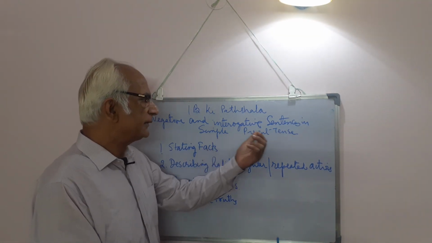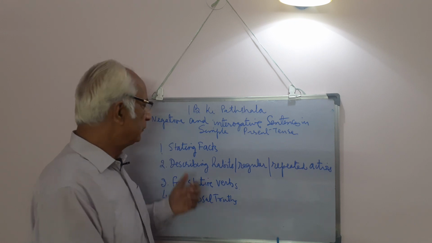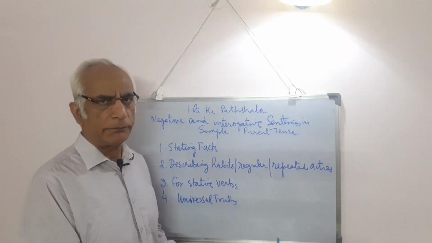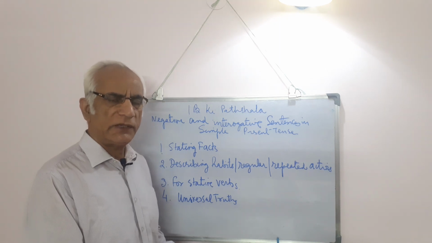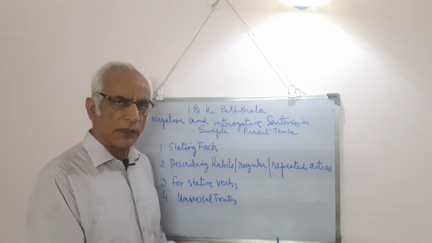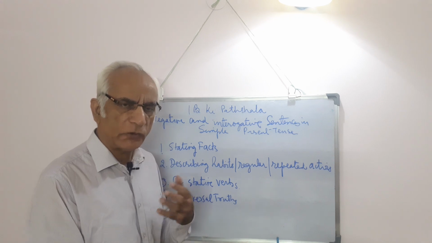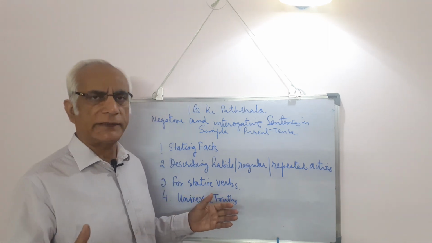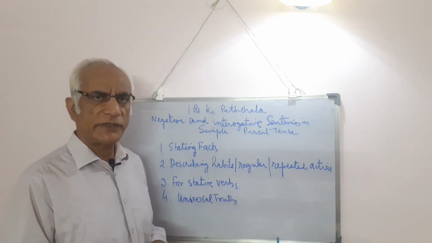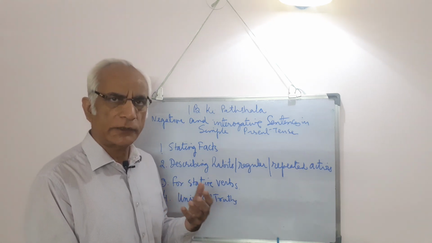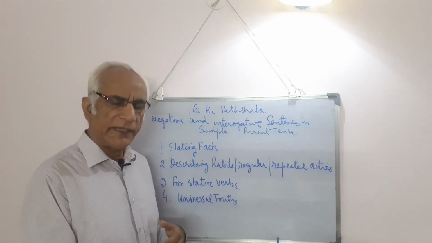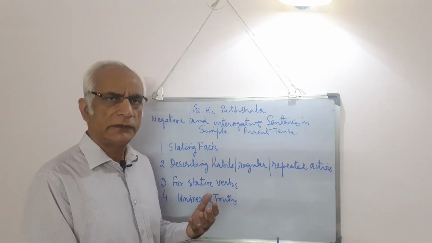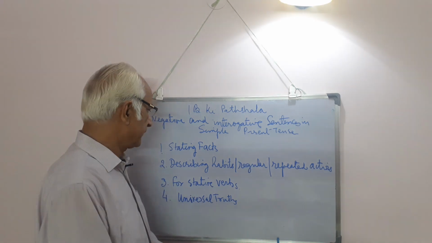We use simple present tense when we are stating certain facts which are true for the time being. For example, if I say I play football, I am conveying an information about an activity which is happening in the present time. Or if you say Ram lives in Janakpuri, it is again a fact about one person, where he lives.